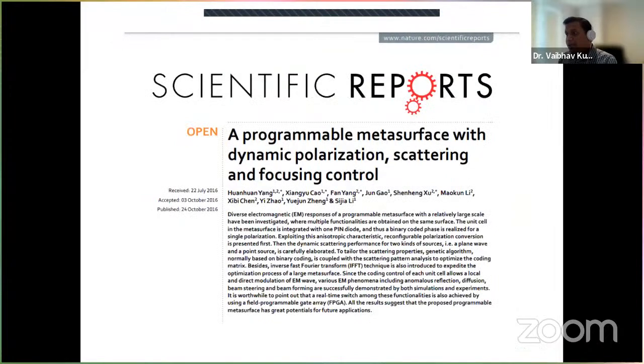This paper came in 2016 and says: a programmable metasurface with dynamic polarization, scattering, and focusing control. Basically, people have developed metamaterial tiles which can control the reflection angle. So the waves that are incident on the wall will get reflected, and it is no more the case that the incidence angle is equal to the reflection angle.